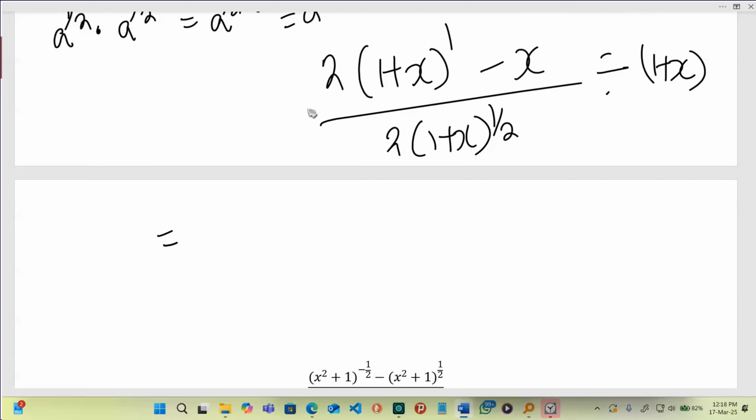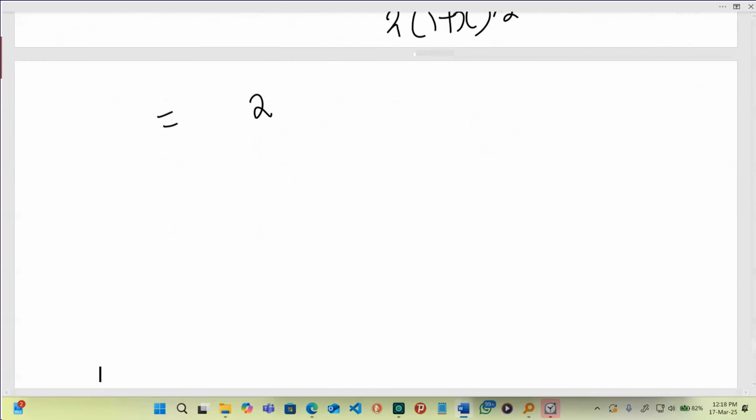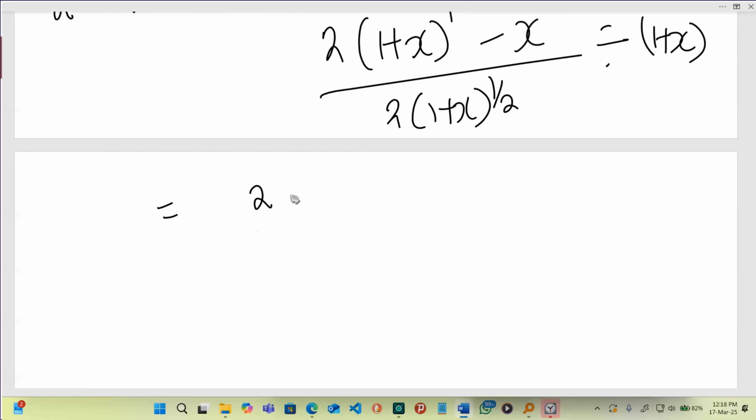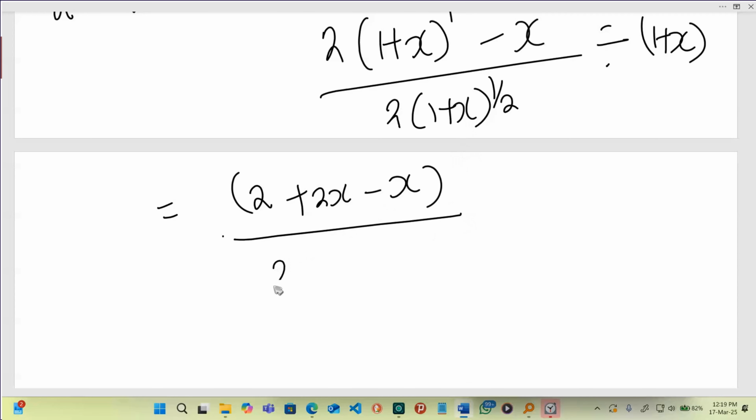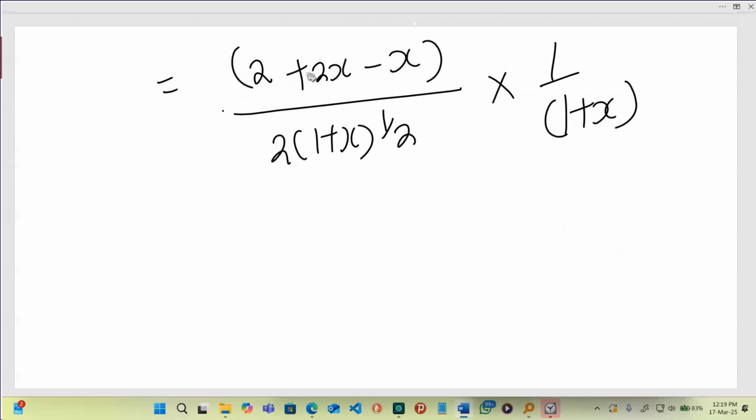So this becomes, if I open brackets, this will be 2, open brackets, this is 2 plus 2x minus x. Then we are dividing it by 2 into (1 + x) raised to a power a half, then times 1 out of 1 plus x. So you will see that here I'll have 2 plus x.